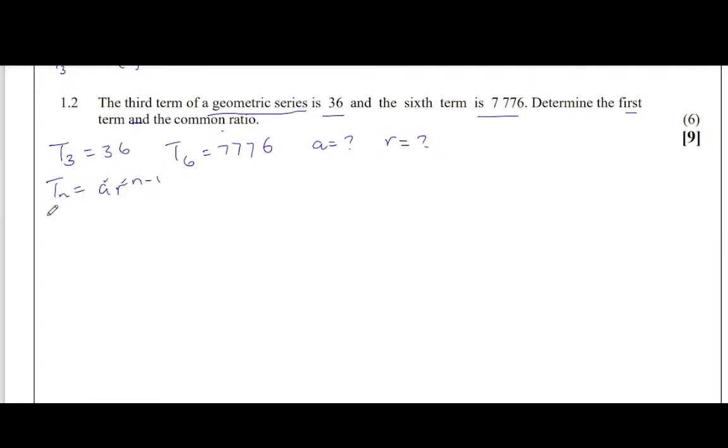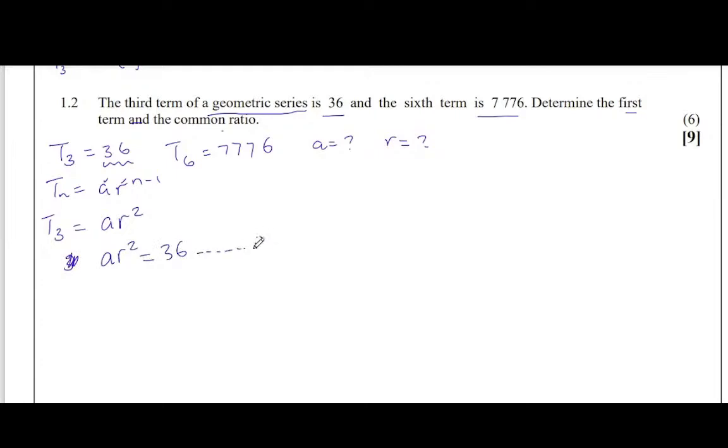So if I was to find the third term from the nth term, it will be a r to the 3 minus 1, which is a r squared. Then I can substitute T3 with 36. So let me just write it as a r squared equals 36.